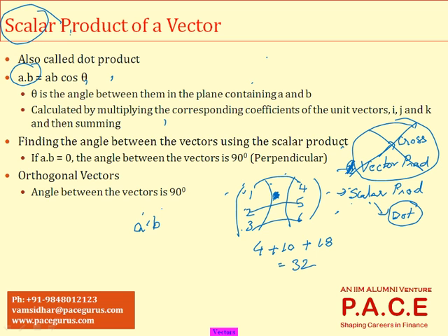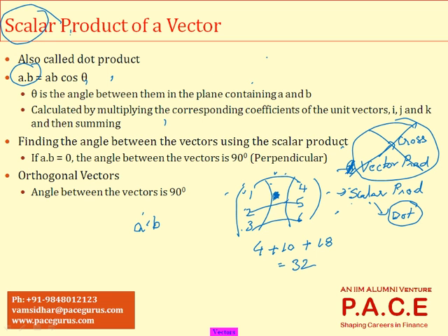So the answer will be a simple plain number. It's no more a vector. In the scalar product, the answer will not come out as a vector again, it's a scalar. That's the reason why we call it a scalar product. Scalar product is nothing but the product of these two vectors, which is a simple scalar quantity.